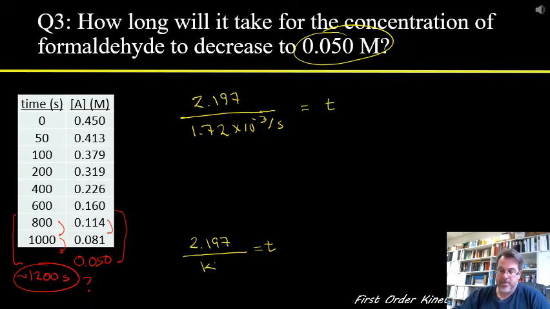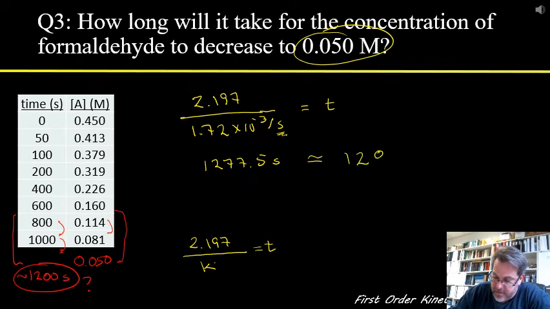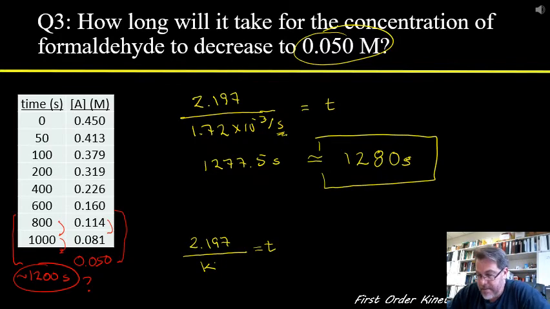That's T. So we can just divide these, and remember, when you have units, like the seconds here, units that are in the denominator of the denominator move up to the numerator, right? So we divide that through, and we get 1277.5 seconds, right? Which, if we round to 3 sig figs, it's 1280 seconds. It's a little bit more than we'd estimated, but still in the same ballpark, so that gives us some confidence that we've done that one correctly.